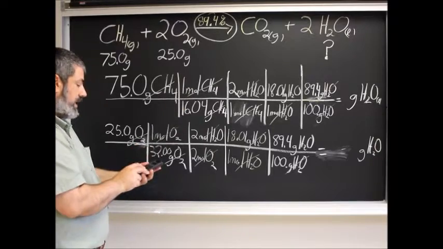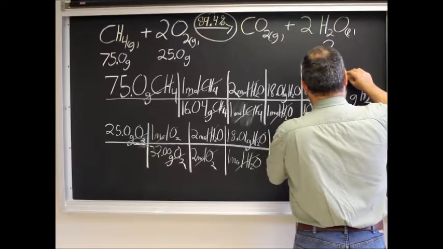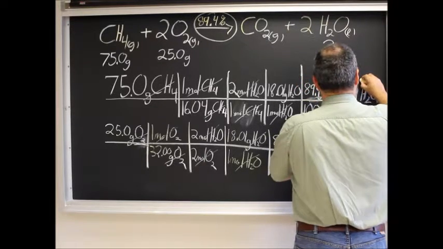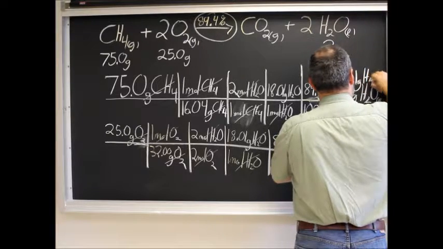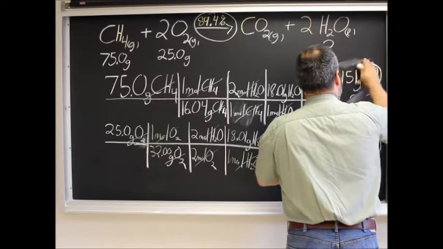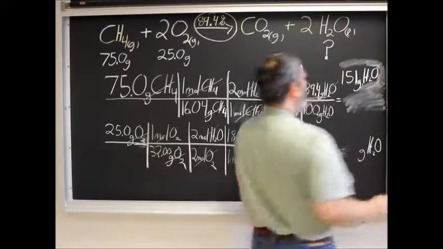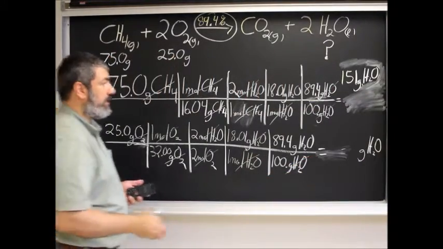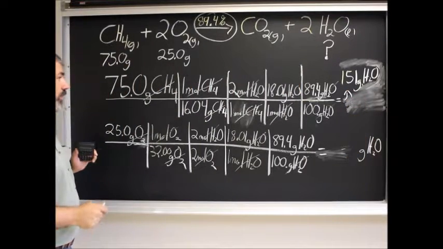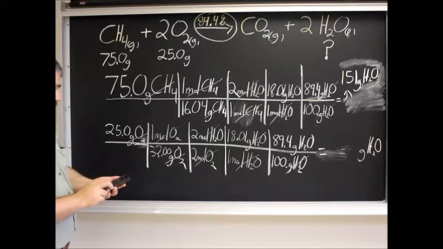So you pick up your calculator and you start getting some numbers. Okay, so for the top reaction, when I take significant figures into account, I get 151 grams for the calculation with the methane. 3 significant figures, so that's why we're okay with that.